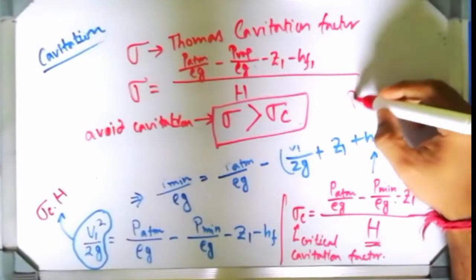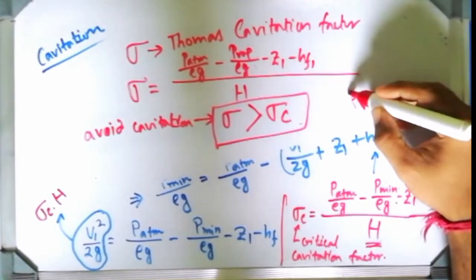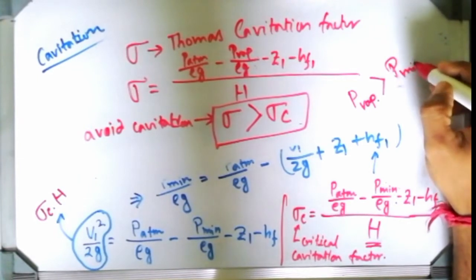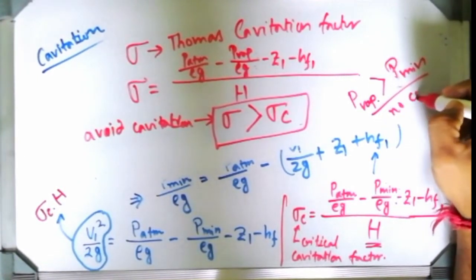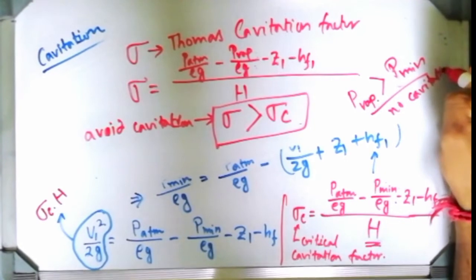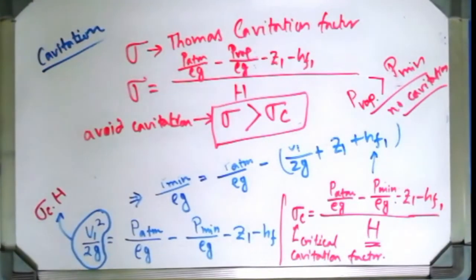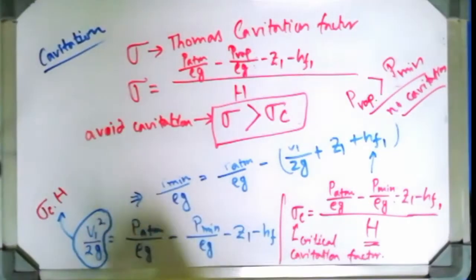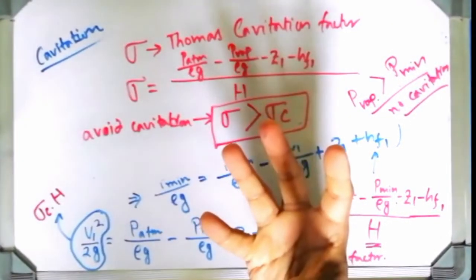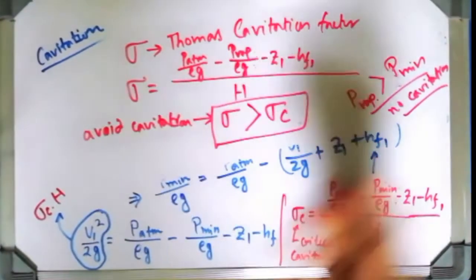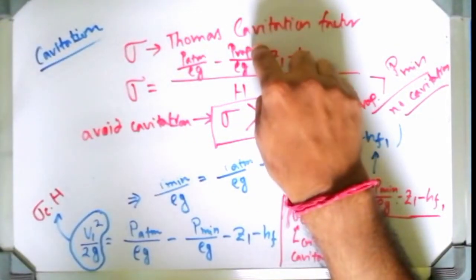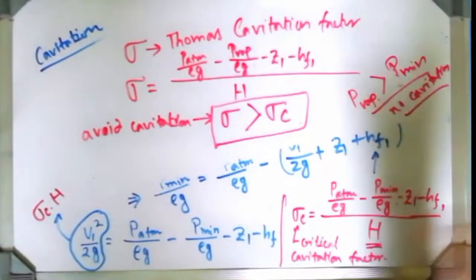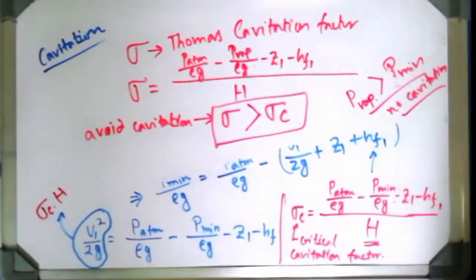Again repeating, if P vapor pressure is more than the P minimum pressure, then no cavitation. How will cavitation occur? For cavitation to occur, the pressure at the inlet of the pump will be less than the vapor pressure. Then vapor bubbles will be formed. Thomas, keeping this parameter over here, told us to keep this sigma value more than sigma c, then there will be no cavitation and your pump will be running fine.